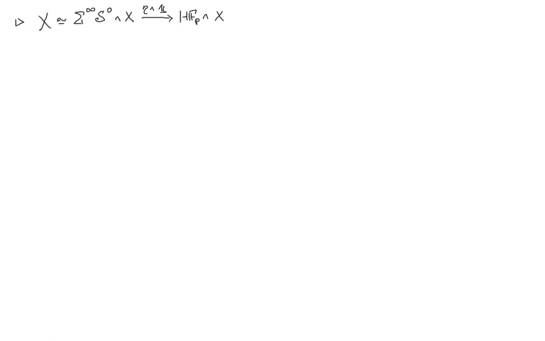And if we apply homotopy groups, we have this composition, we can apply pi star. And after applying pi star, we will obtain just the mod p Hurewicz homomorphism for X.